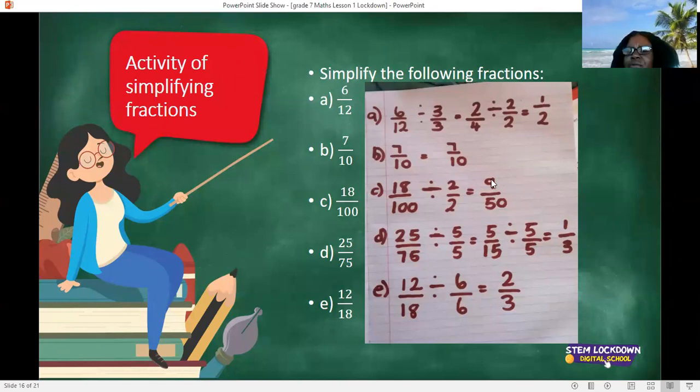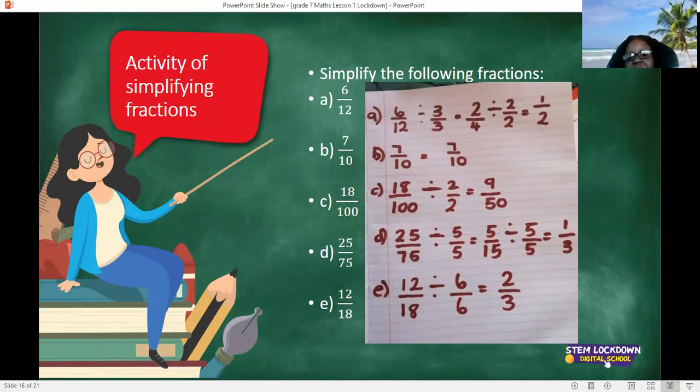Then you have to check which number can go into 9 and into 50 and leave no remainder. 9 is an odd number, 50 is an even number. So 2 cannot go into 9, 3 cannot go into 50, so that is in its simplest form.